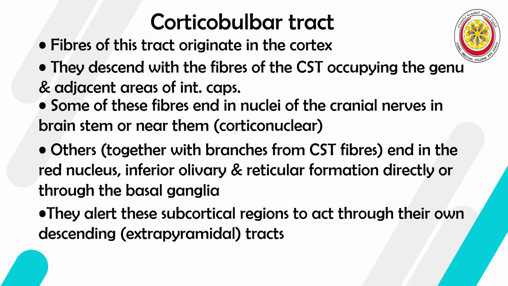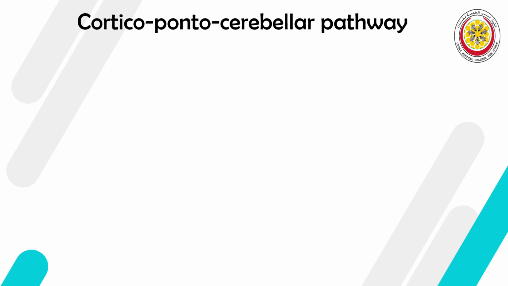They end in them directly, or they go to the basal nuclei, then they connect to these structures. Now, these alert these subcortical areas, the reticular formation, the red nucleus, etc., to act through their own descending pathways, tracts, which we already mentioned, the tectospinal.